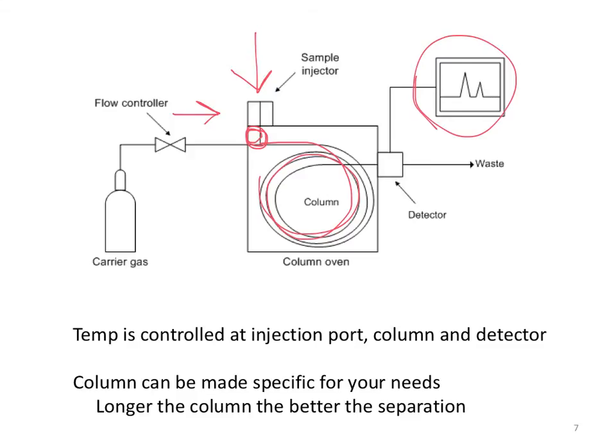Now realize that if the sample components are way too close to each other, a longer column is going to separate them better. So for instance, if your peak looks like that, look how plateaued this part is.